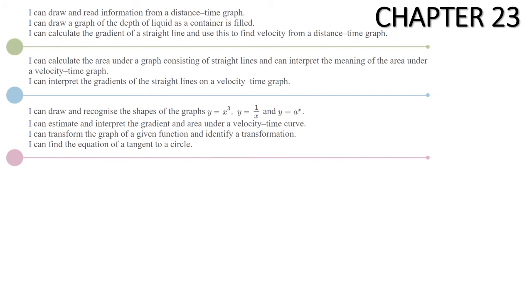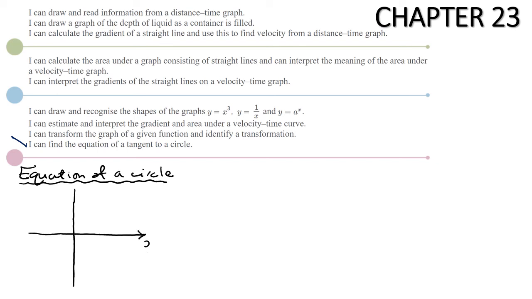Last topic here is to do with the equation of a circle. Now the equation of a circle, these will be circles where the center of the circle is at the origin.